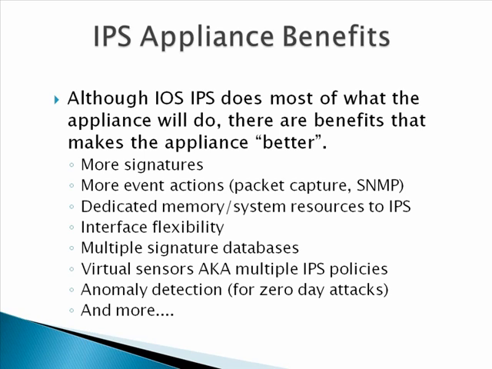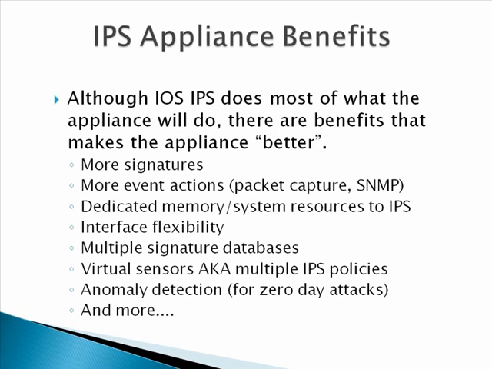You can also break off and make multiple signature databases. So you could have one set of signatures for your internal network, one set of signatures for your traffic incoming from the internet. It has the concept of virtual sensors, which, like it says there, is really multiple IPS policies, and again, maybe one for internal, one for internet traffic, or one for the data center and one for the corporate network, however you want to set that up.